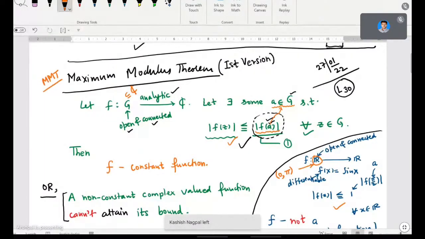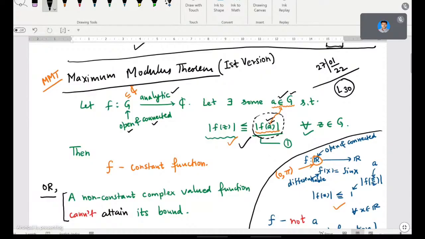Now you may say, sir, if function is attaining its bound, then certainly it will have to be in G. Why you are saying so? I repeat, it is given to us in this theorem. This is something very important, class. The theorem says that if function attains its bound, and the point at which the function is attaining its bound is inside G, then function must be constant.